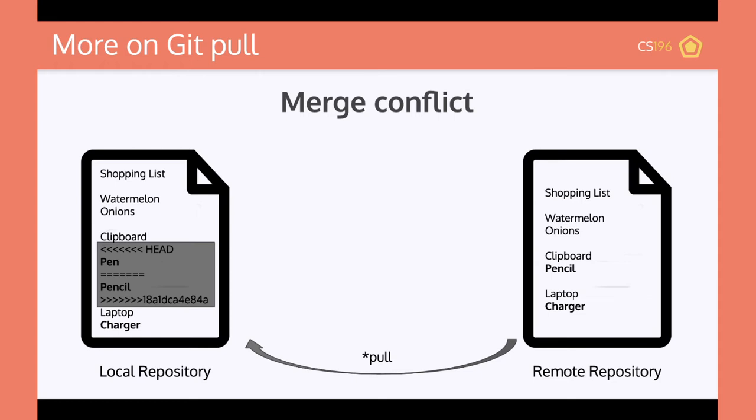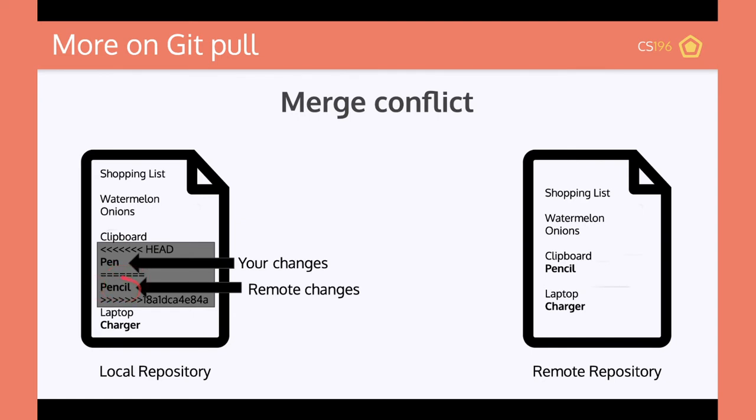So remember, on the remote, there was pencil, but on the local, there was pen. So what happens is Git says, okay, here's what's on your local version, and here's what was on the remote. And it tells you this so that you can go in and decide which one is the better way to do things and which changes to keep, which to throw out, whatever.